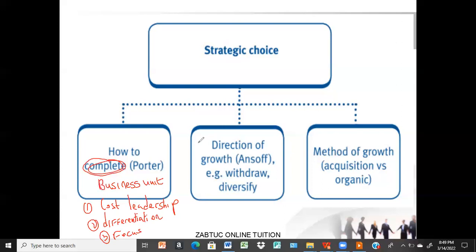These are business unit level strategies, or strategic business unit level strategies. How can you be ahead of your competitors?